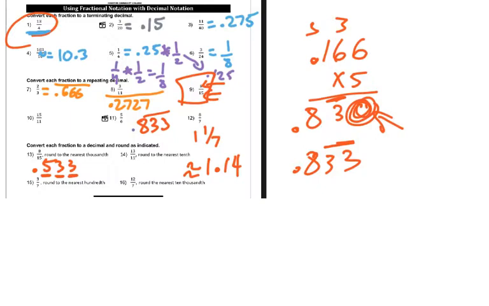Okay, let's move on to number 14, and it's doing 13 over 11. Again, if we subtract 13 minus 11, we get 1, so this is 1 and 2/11ths. We know 1/11 is 0.09, so this is 0.1818, and it's saying round to the nearest tenth, so that we see this is 8, so this is 0.12.